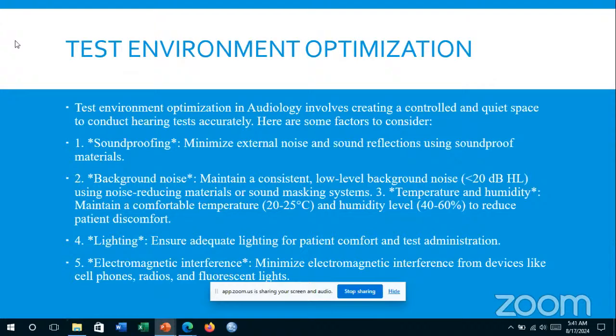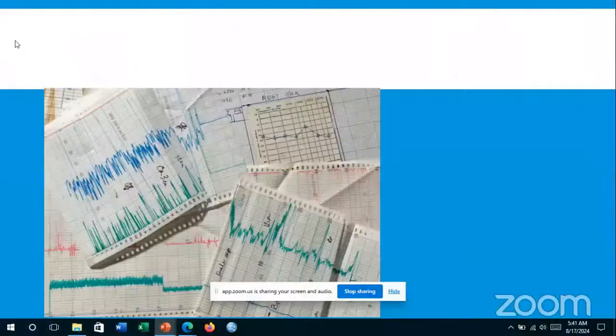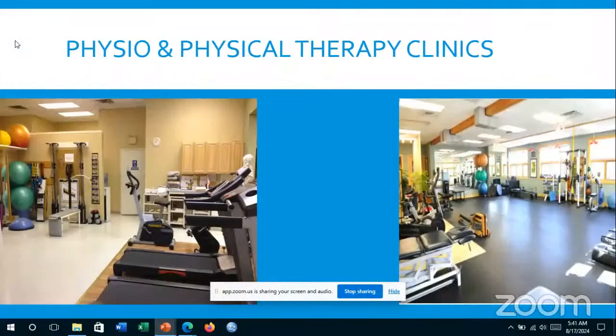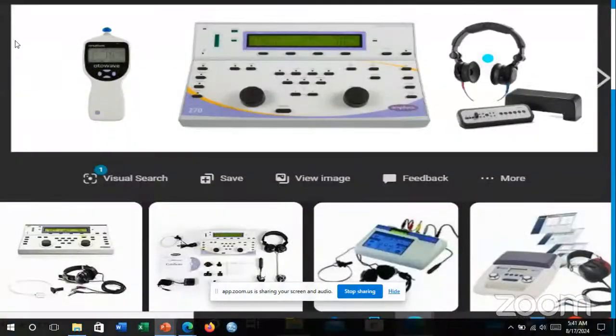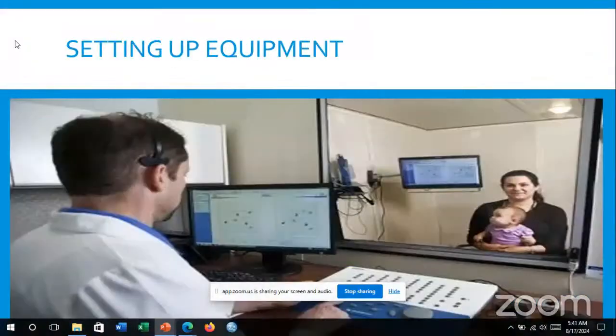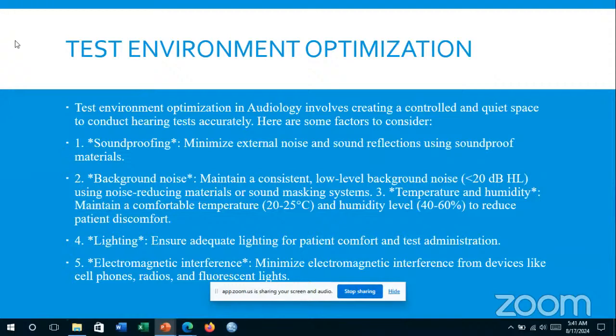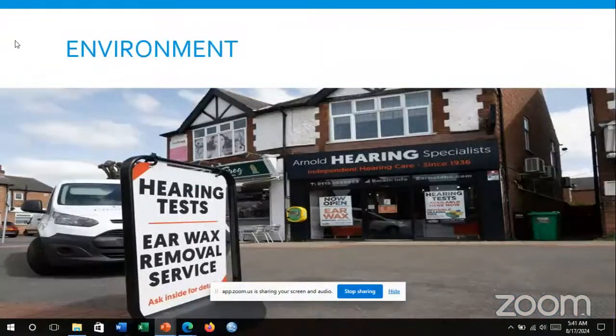As we can see in the picture of the environment on this slide, the environment for audiology must be placed in designated areas. As I said, we have to label all what we are using, all the items there. Then it must be safe for our patients.